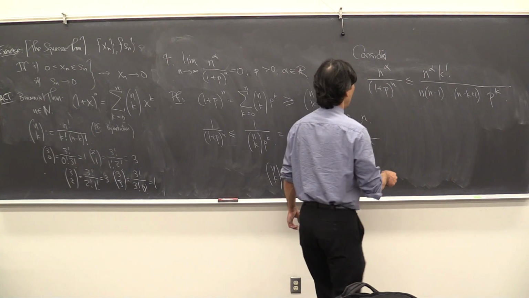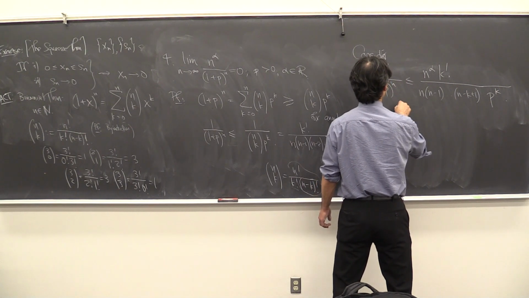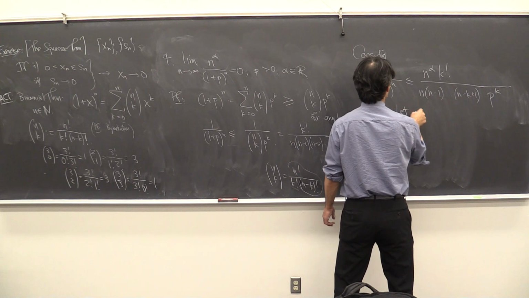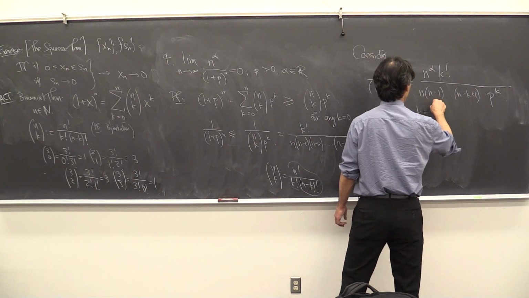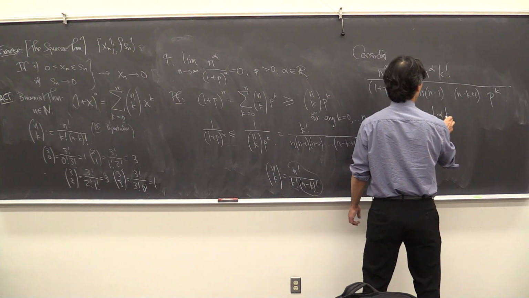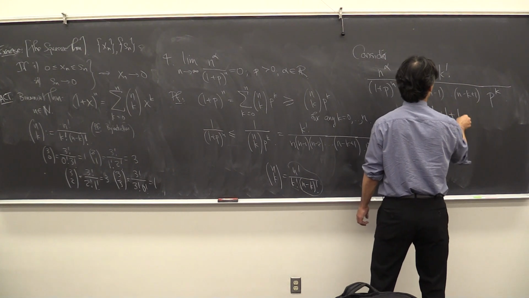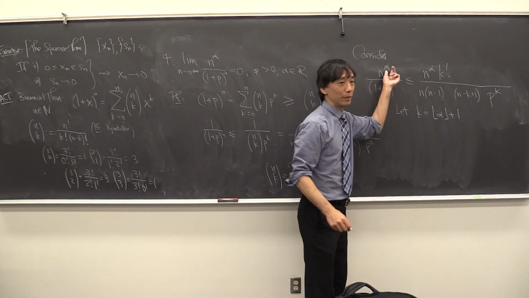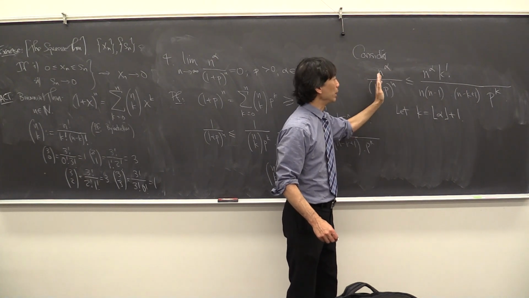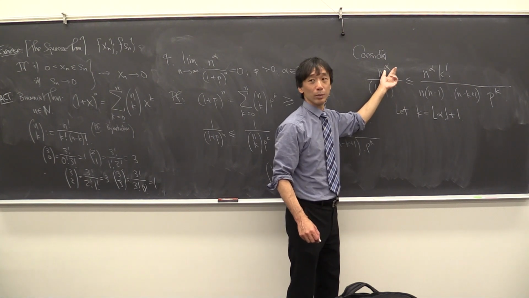Okay, so now what we're going to do is say let k be the greatest integer smaller than alpha plus 1. So alpha is some real number, right? So take the greatest integer smaller than alpha.